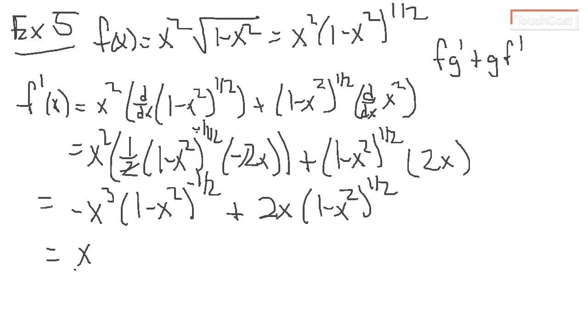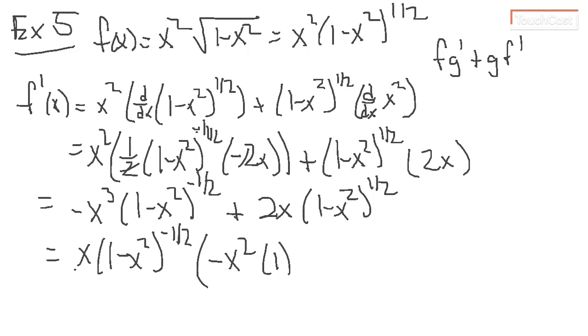I'm going to factor that out with the lowest power, and our lowest power of 1 minus x squared is a negative 1/2, which means inside, from what I originally had, what's left over is going to be a negative x squared times 1, because 1 minus x squared to the negative 1/2 divided by itself is 1, plus 2 times 1 minus x squared to the power of 1. I don't really need to write the 1.